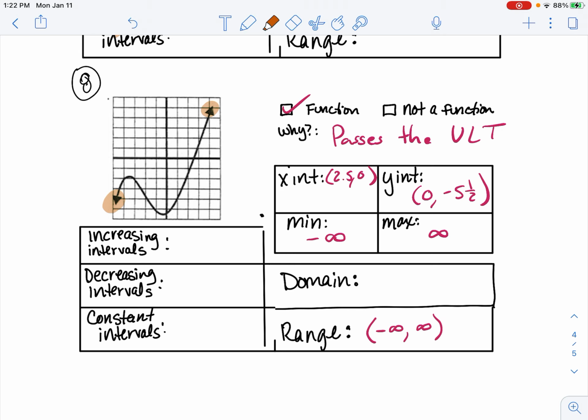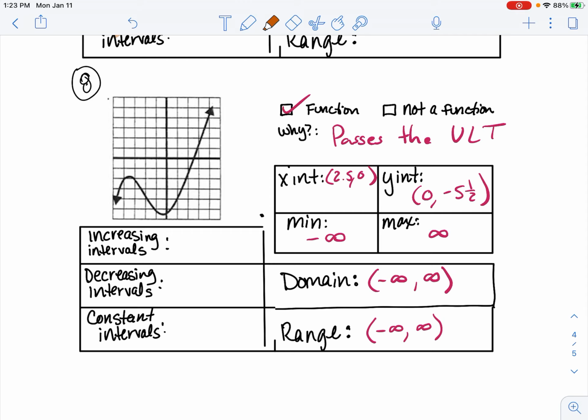And because you never actually get to infinity, that's why we use parentheses for that. For the domain, it also goes forever to the left and forever to the right. So once again, -infinity to +infinity.